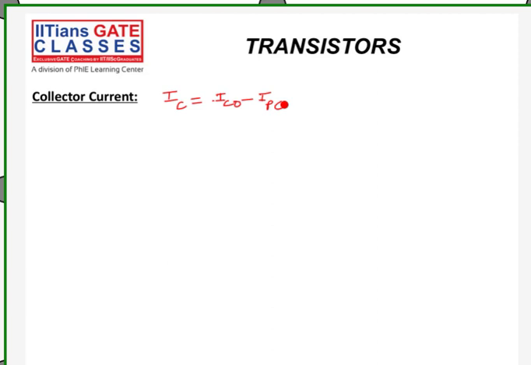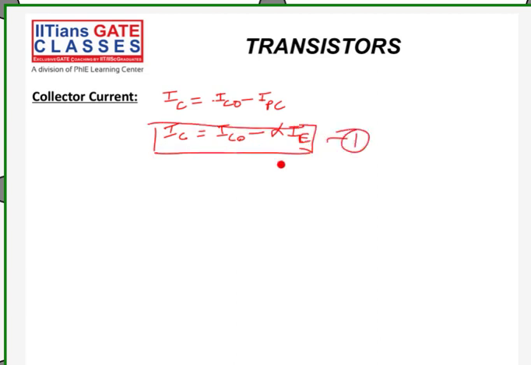And now this IC, we can write IC is equal to ICO, minus sign is there, IPC will be equal to alpha into IE. So IC is equal to ICO minus alpha IE. So here we can see it is one expression.